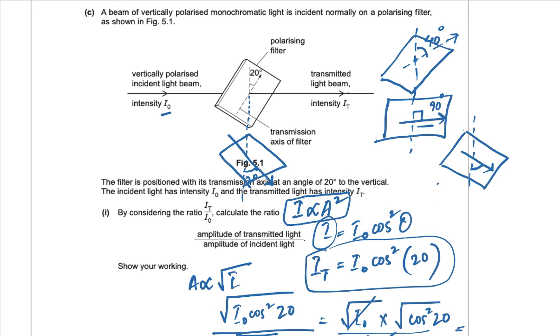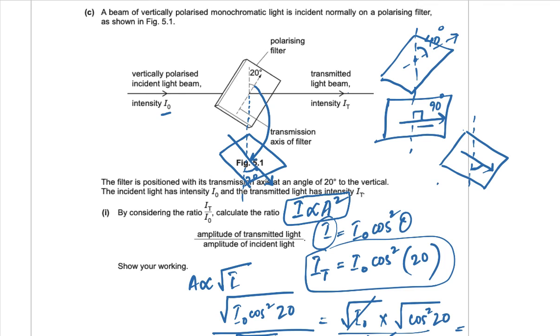So it should be again reaching 20 degrees, but this time 20 degrees from here, after having rotated this entire polarizing filter clockwise. So the minimum angle that the filter was rotated through is this angle, right? From here until here.